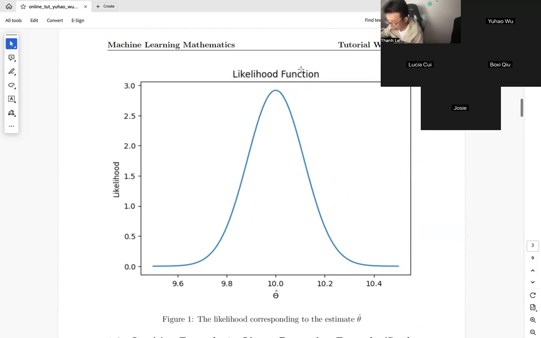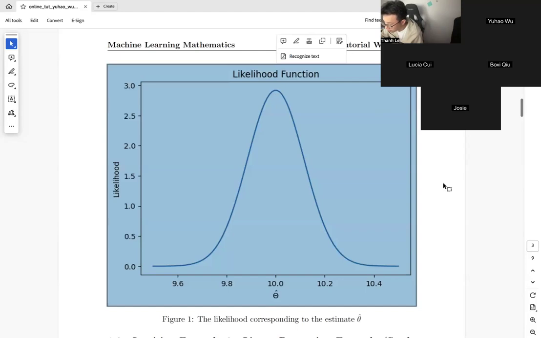If we use the maximum likelihood function, the principle is that we want to choose the value which returns the maximum likelihood. Based on this plot, maybe you can find this is the maximum likelihood, and maybe you can choose theta equal to 100. The 100 maybe is the best estimation of the true weight.